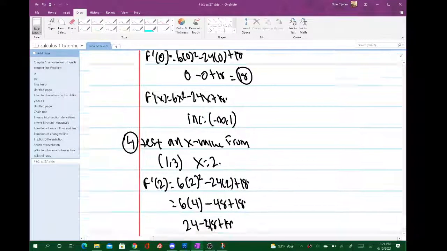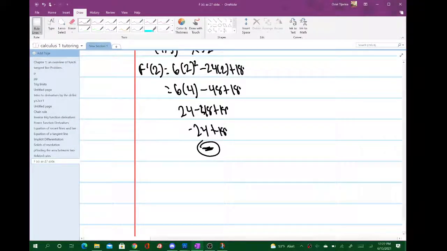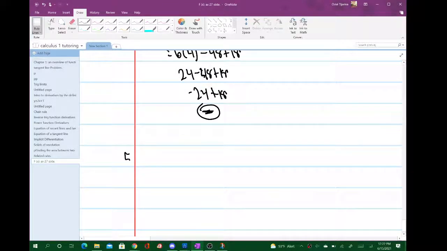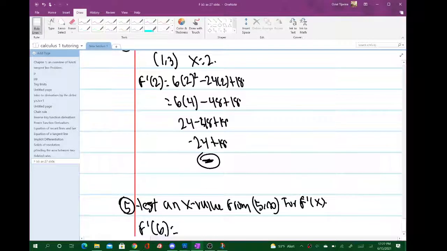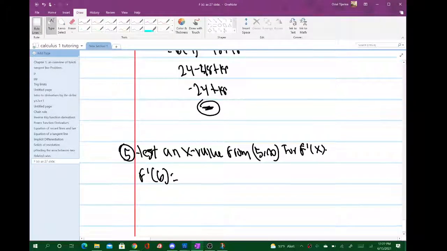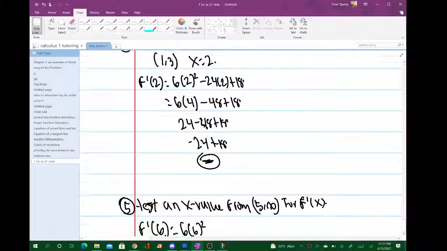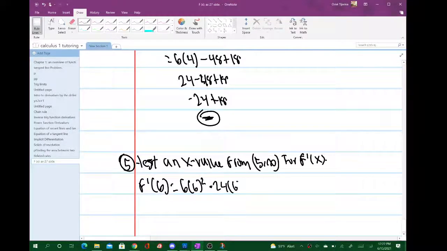And then we test number 5. Number 5, test an x value from 5 to infinity for f prime of x. So f prime of, let's just say 6, that's going to be 6 times 6 squared minus 24 times 6 plus 18.